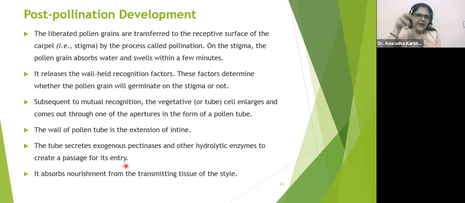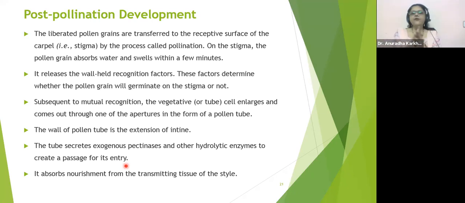Now, because of the pectinase, the style tissue got dissolved, making a tunnel. Okay, and it became easy for the pollen tube to penetrate deep into the style through that tunnel. The nourishment that was required for the pollen tube to germinate, grow, extend was provided by the style tissue. Okay, this is what has happened in this particular slide.